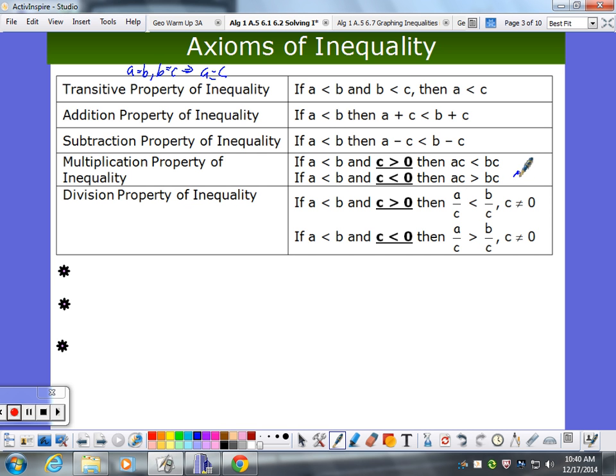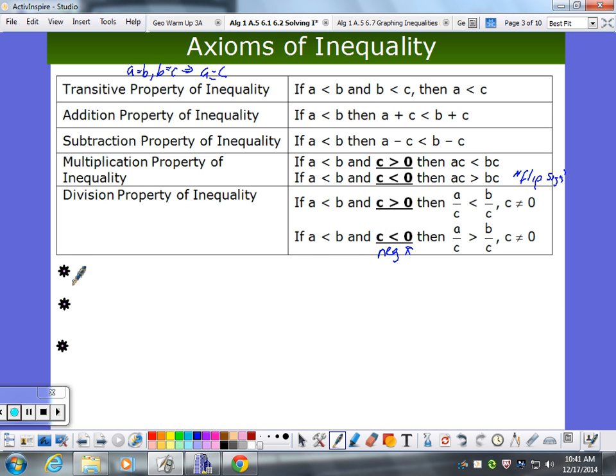That's the flip sign thing. And it's the same thing with division. So if it's greater than 0, you just do what you do. The less than stays less than, or if it's a greater than, it stays greater than. But if it is a negative number, then you are turning that symbol around. Okay, that's the only difference.